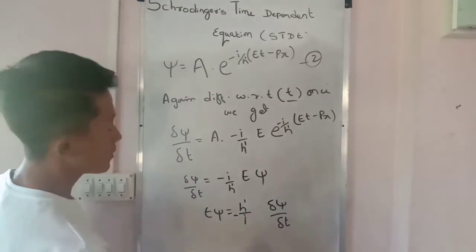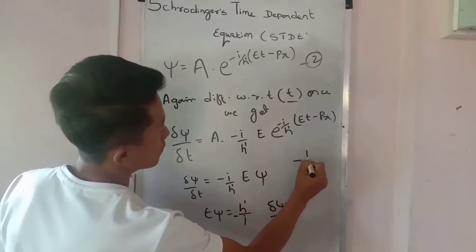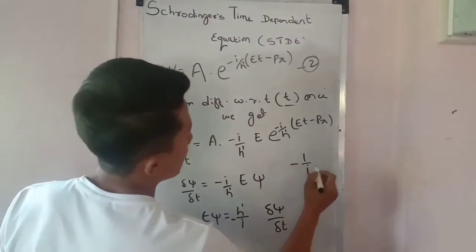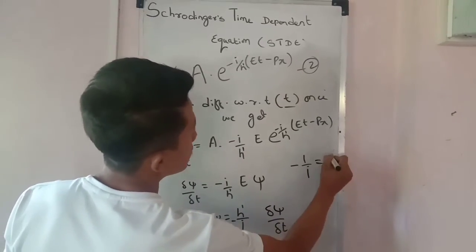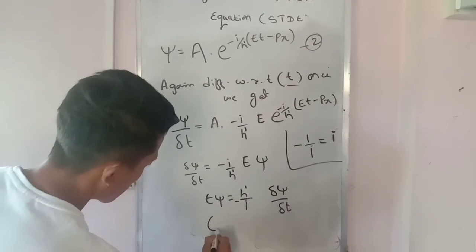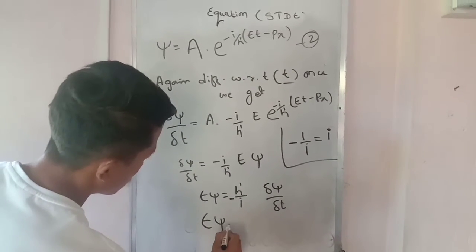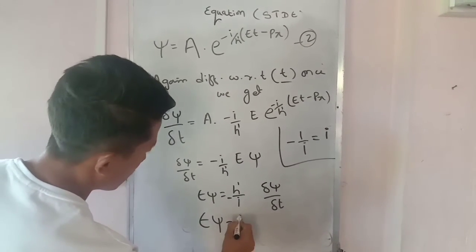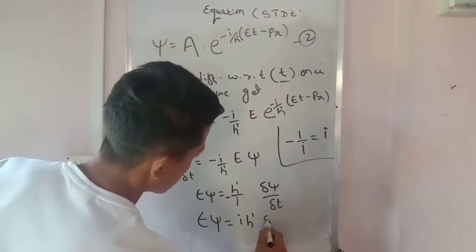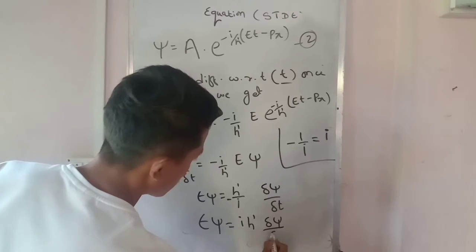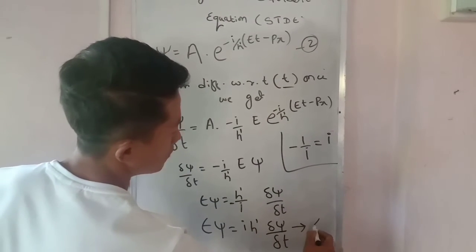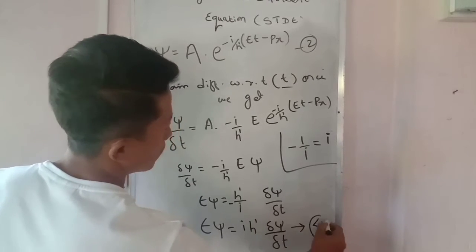We know that 1 by minus i will be just i. So E psi will be i h dash del psi by del t, which is equation number 4.